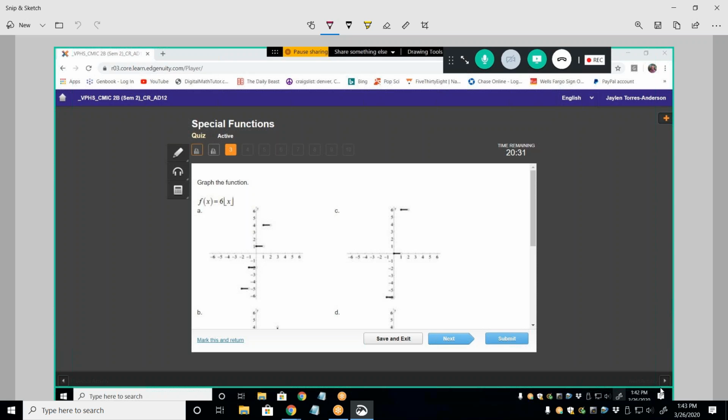So what that means is, what if x were 1.1? What would the greatest integer function of 1.1 be? You have to know whether you go to the left or the right. Yes. So what's the greatest integer function of 1.1?